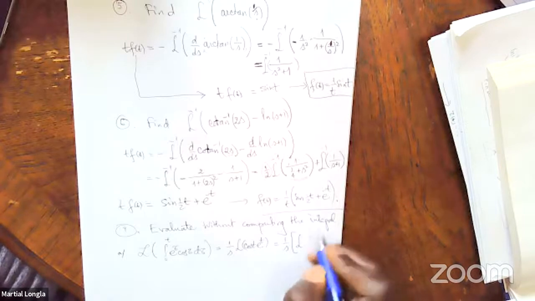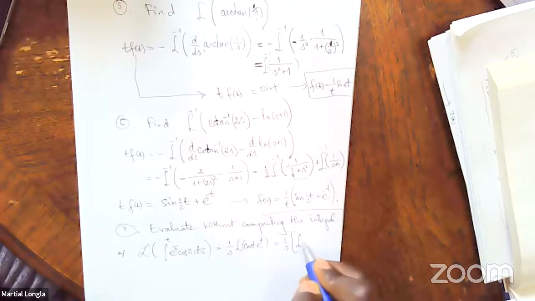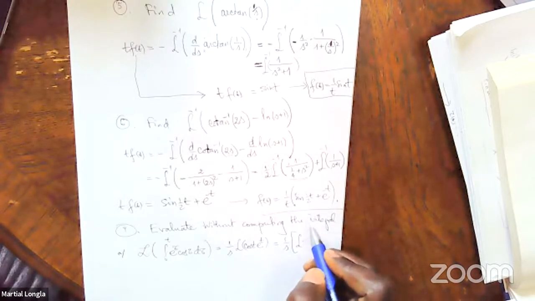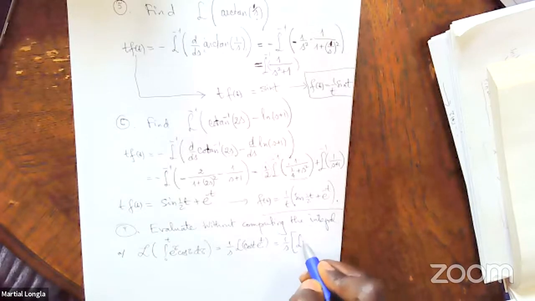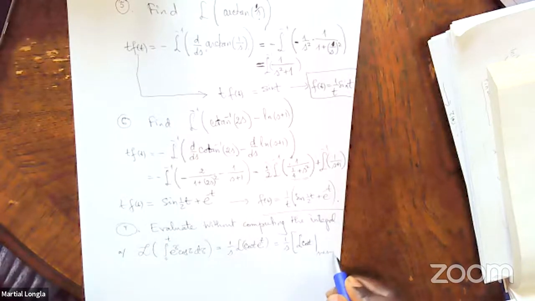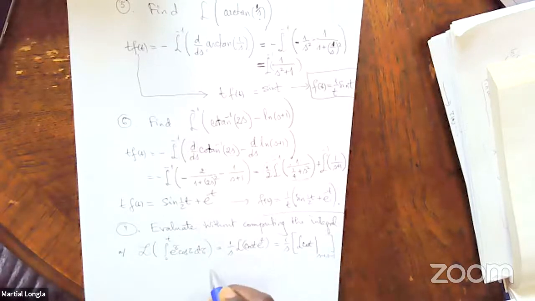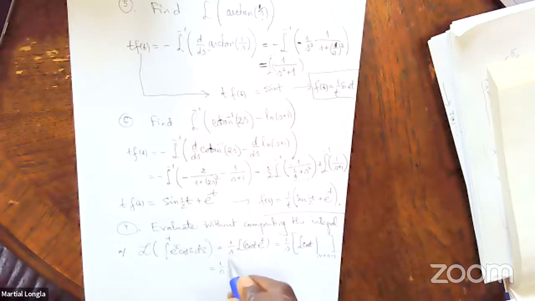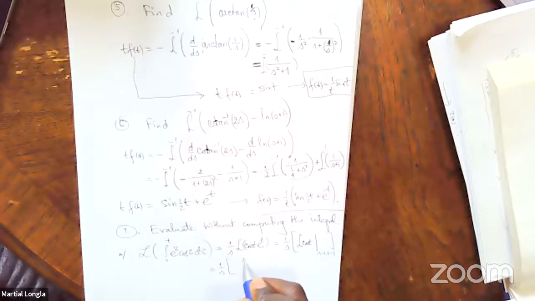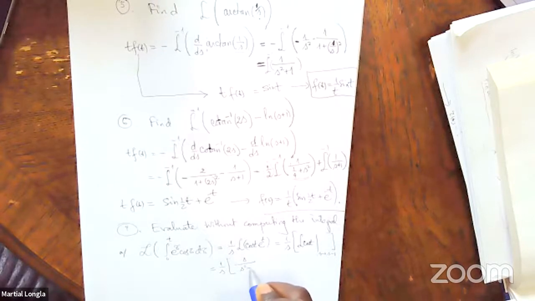So what goes here? It would be the Laplace transform of cosine t, and then you would change s to s minus 1, because that's the coefficient for the e to the t. That's right. And what's the Laplace of cosine? s over s squared plus 1. That's it.